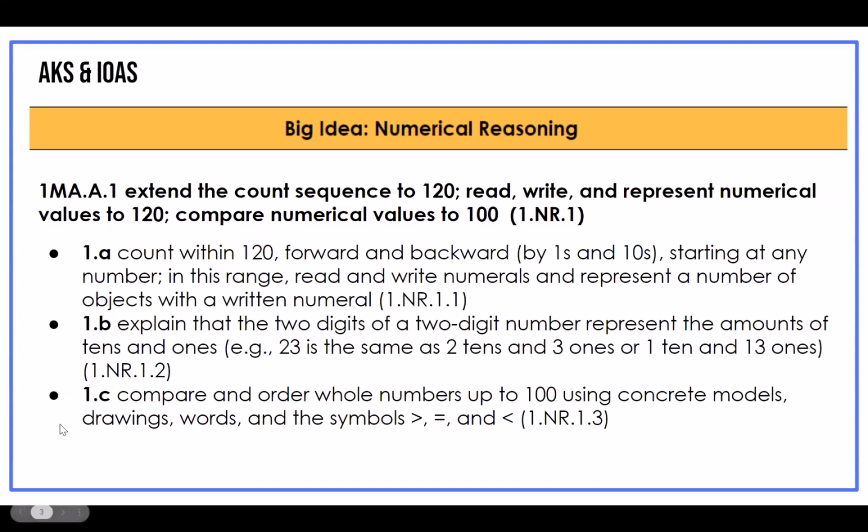Finally, IOA 1C will require students to use their understanding of place value from 1B to compare and order the values of numbers up to 100. They will use concrete models, drawings, words, and the greater than, less than, and equal to symbols.